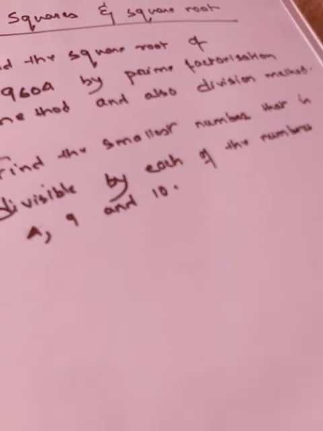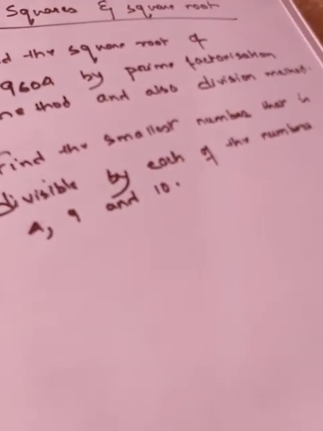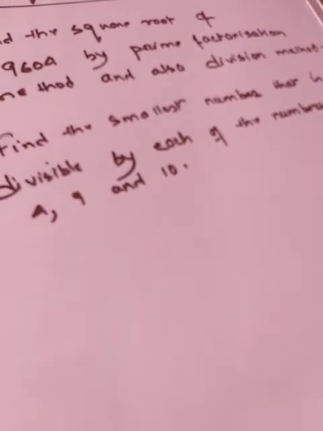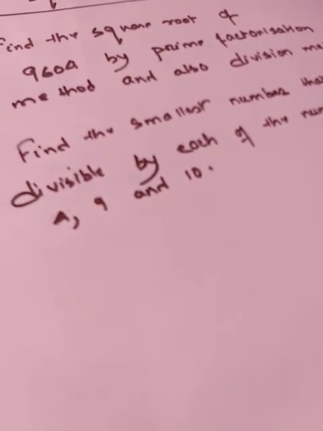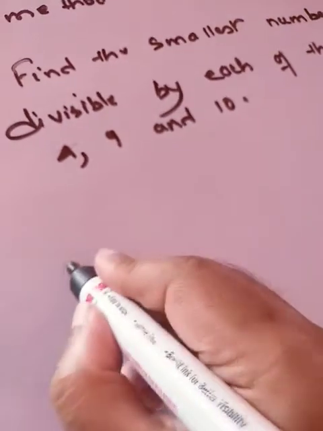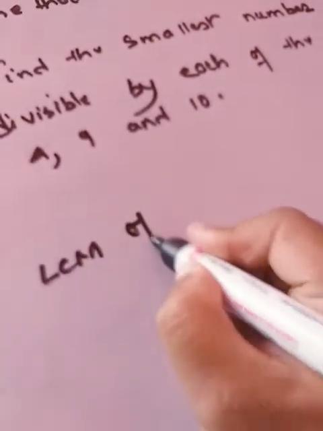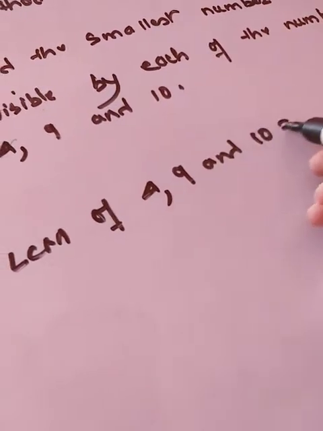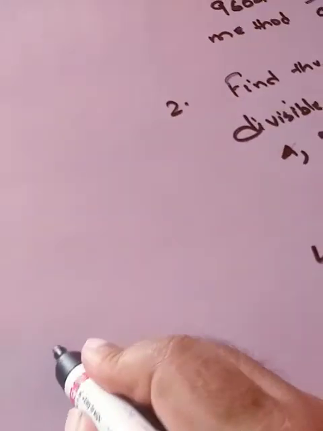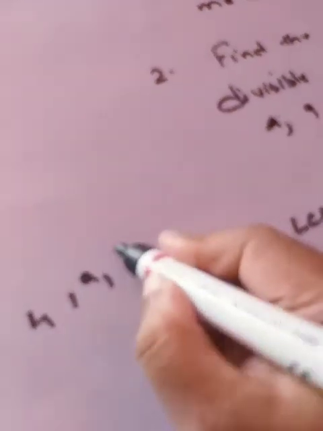Sum number 2 is: find the smallest number that is divisible by each of the numbers 4, 9 and 10. So what is the first thing that you will do? You will first find the LCM of 4, 9 and 10. First of all you write 4, 9 and 10.